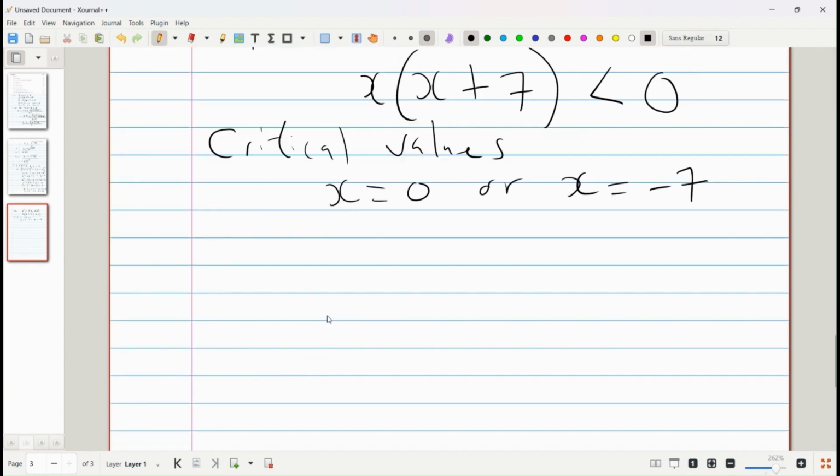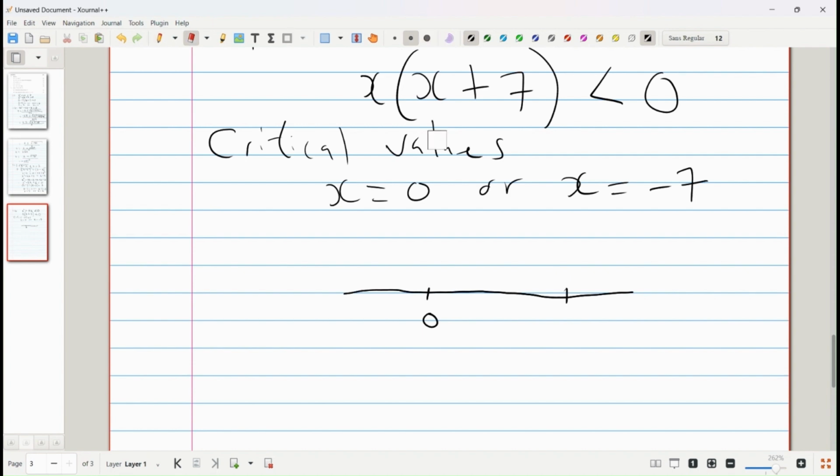So we can also draw. When we draw, we first put our critical values. We'll have 0.